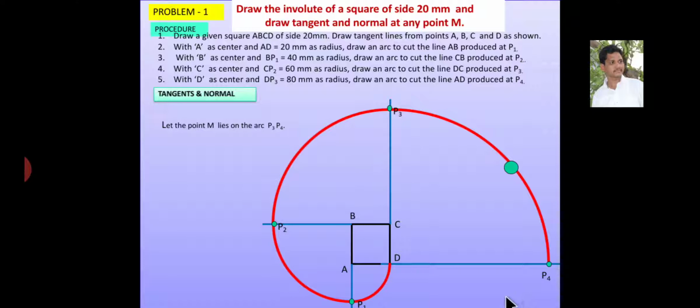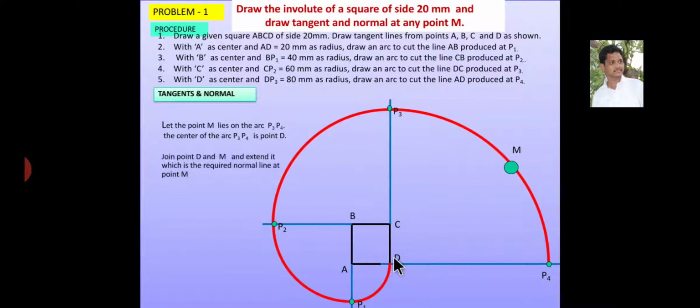Here I consider the point M on this curve; you may also consider it here. Now the center of the arc P3 P4 is the point D.